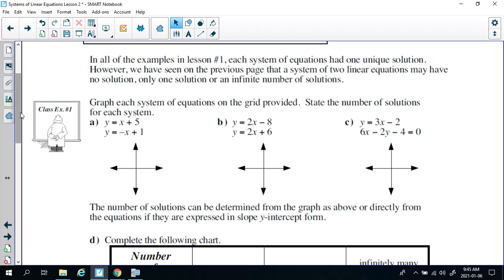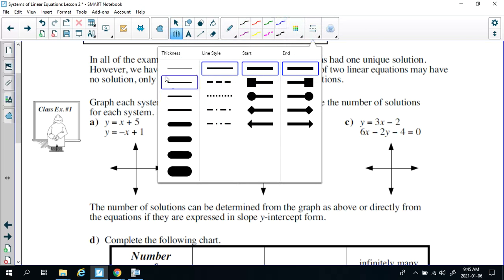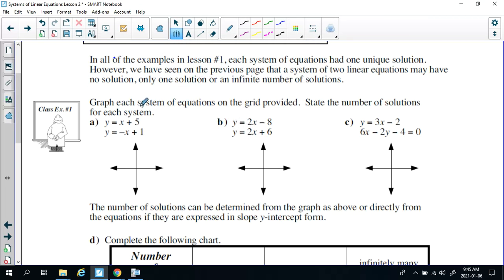Okay, so example one says graph each system on the grid below and then state the number of solutions for each system. Now, I'm going to use a graphing calculator to draw these. So let's start off with A. Okay, so what we're going to do is into the graphing calculator, I'm just going to plot these two equations into y1 and y2.